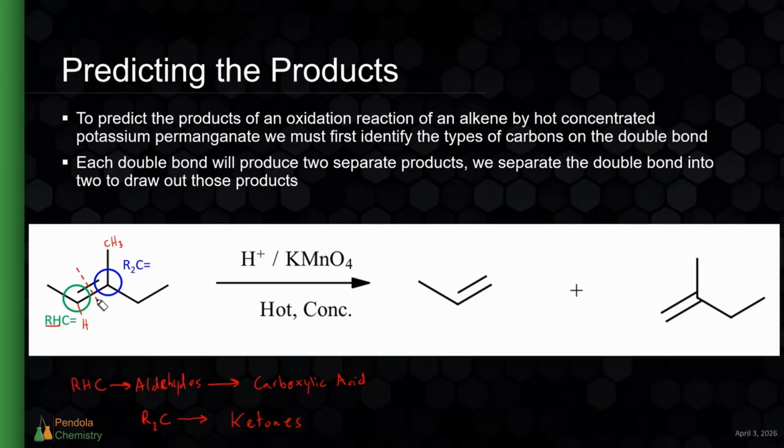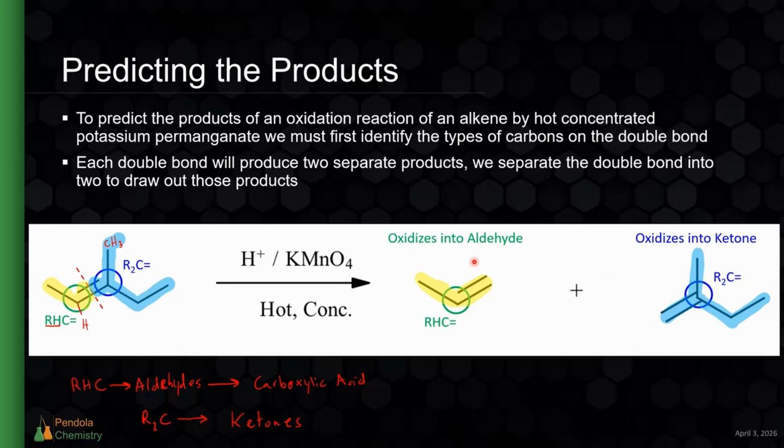With this cut, we're going to get the double bond with the 1 carbon here, and on the other side, we're going to get the double bond with a CH3 on one side and a CH2CH3 on the other. Once we have separated our double bond into the CHR and the CR2, we know this is going to be oxidized into an aldehyde, and this is going to be oxidized into a ketone.